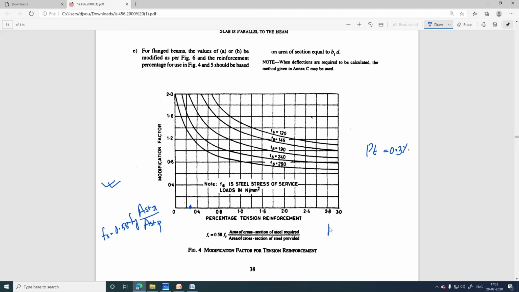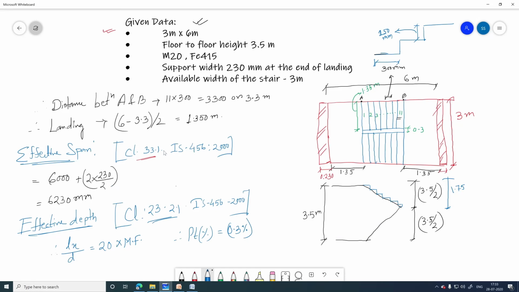Initially we know that AST required equals AST provided. So if we put this condition over here, we get 0.58 into Fy, that is 415 in our case, because our grade of steel is Fe 415. Let us check. Yes, this is Fe 415.